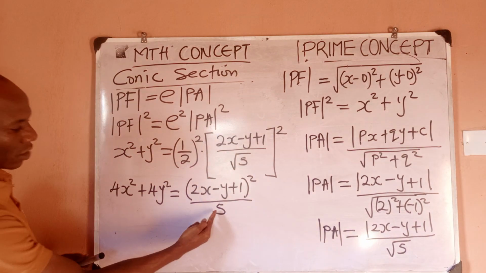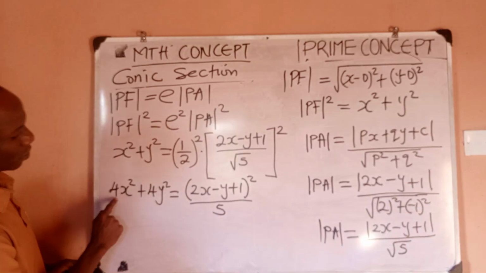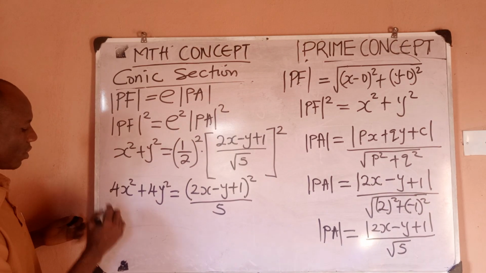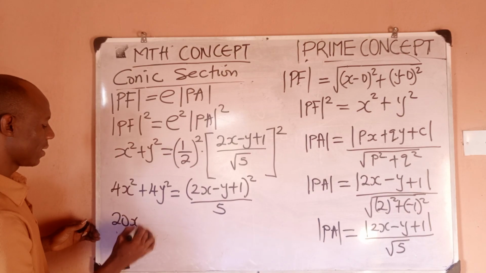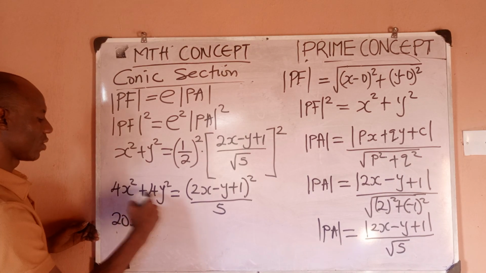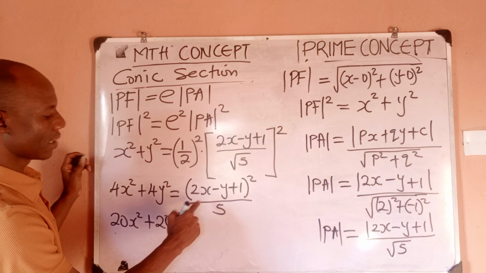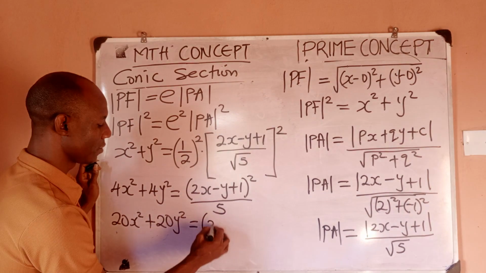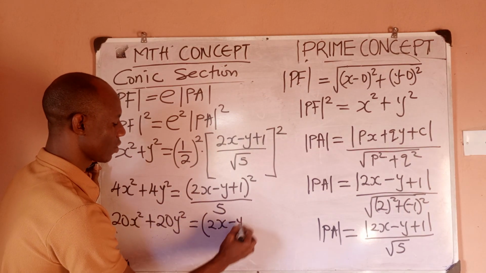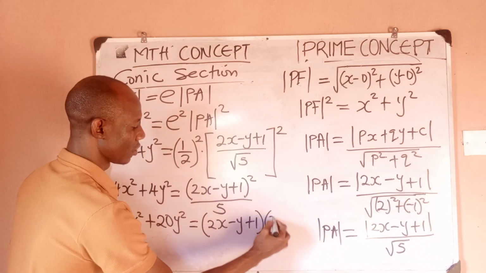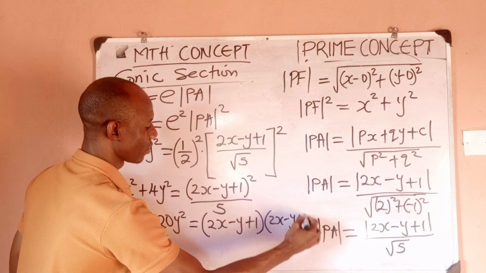Yes. Now I'm going to cross multiply. 5 would multiply this. This would give me what? 20x squared plus 20y squared equal to what now? This is going to give 2x minus y plus 1 into 2x minus y plus 1, right?